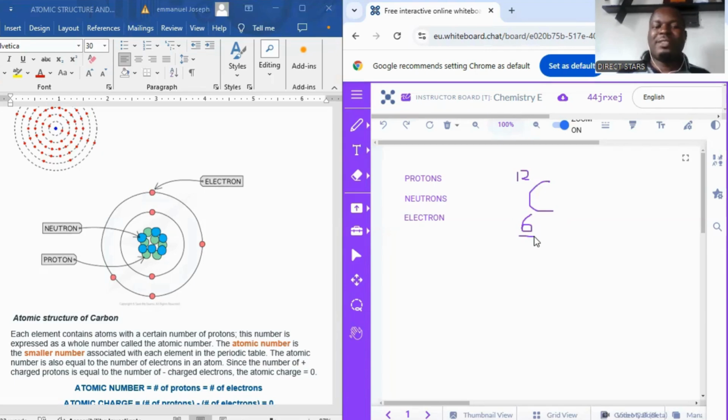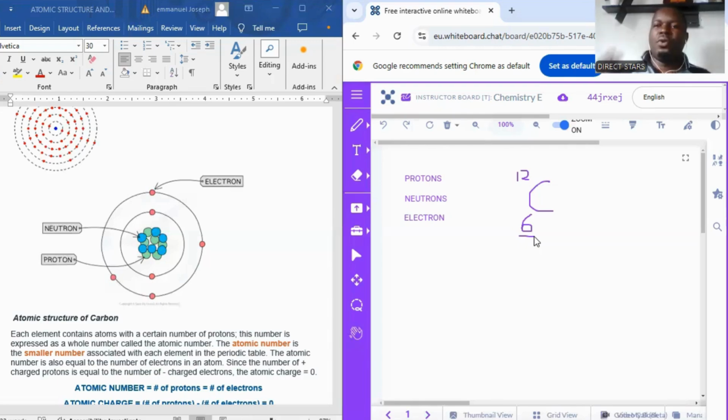Each element contains atom with certain number of protons. The number of protons gives the identity of a particular element. What I mean by that statement is that in most cases, we predict the atoms of a particular element or identify a particular element basically by the number of protons it contains.